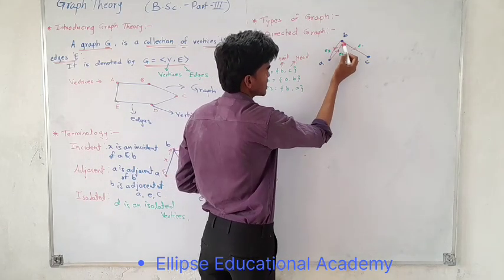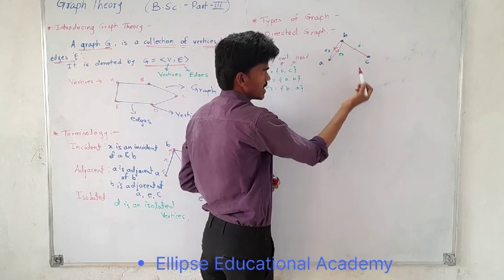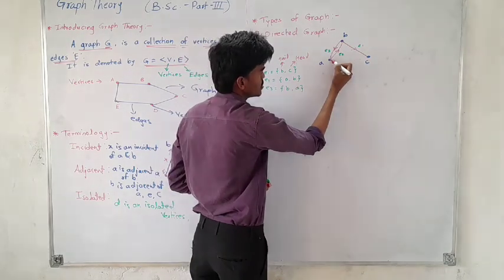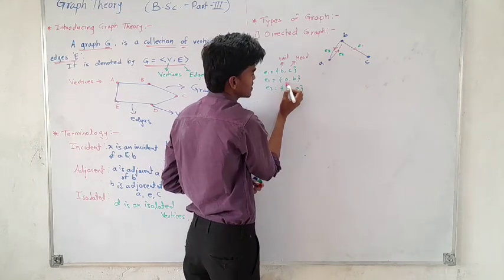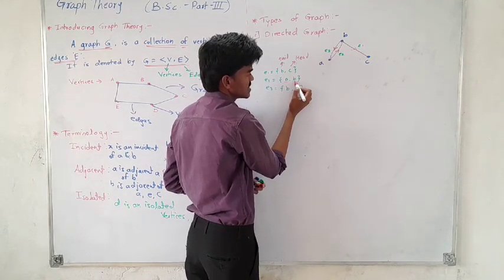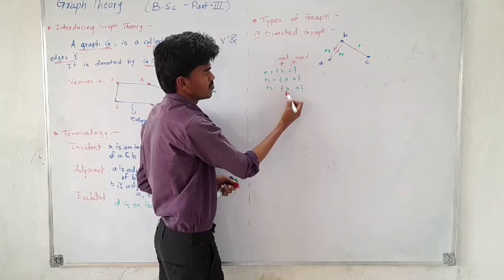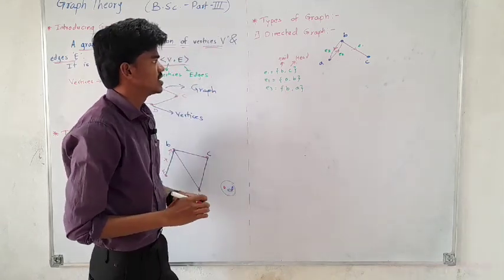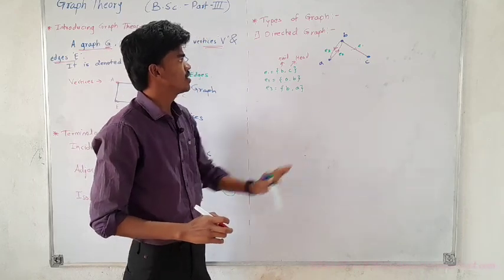The starting point is the tail and the end point is the head. Similarly for E2, A is the tail and B is the head, and for E3, B is the tail and A is the head. That type of representation we call a directed graph.